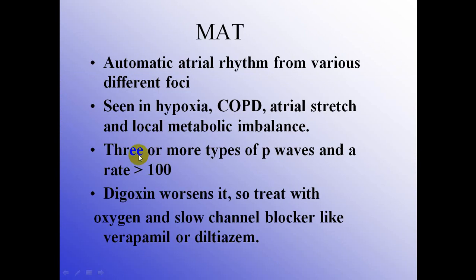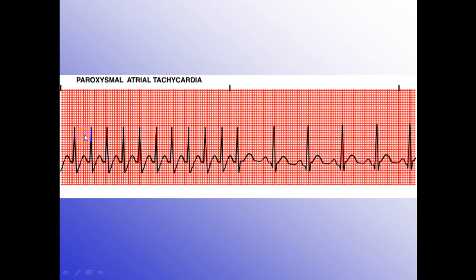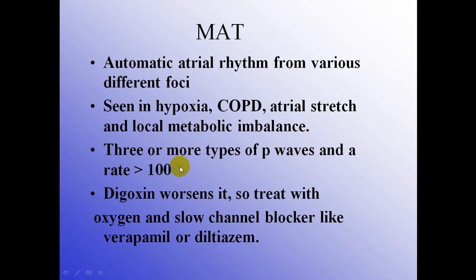While MAT is multifocal atrial tachycardia. It's an atrial rhythm from various different foci, not from one focus. Usually atrial ectopic beats lead to this rhythm. Seen in hypoxia, usually in chronic obstructive airway disease, atrial stretch, and local metabolic imbalance.